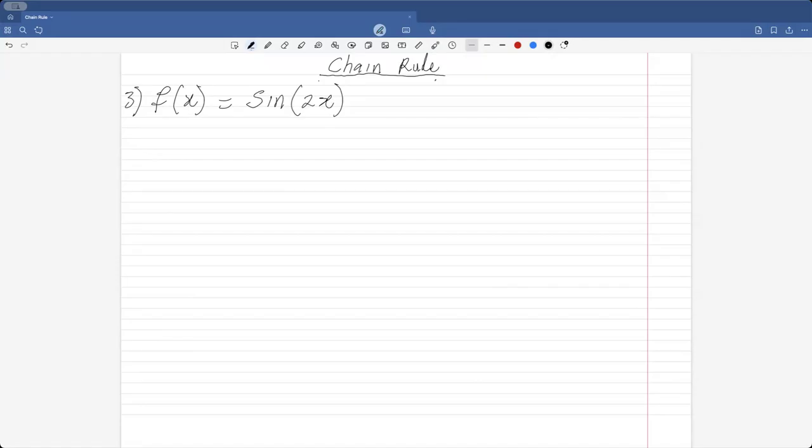So now, what is the inner function and what is the outer function? The inner function is nothing but 2x. And the outside function is the entire function here.